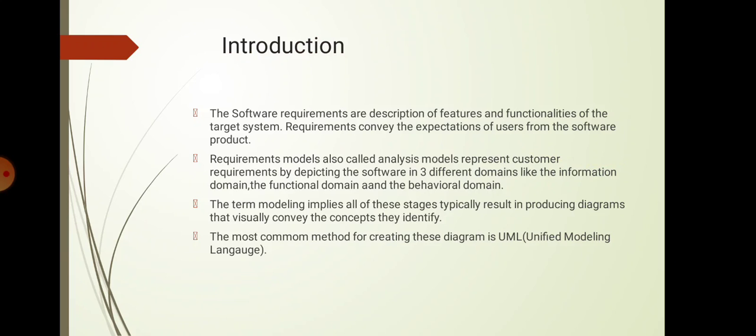First is the information domain, then the functional domain, and last is the behavioral domain. The term modeling implies that all these stages typically result in producing diagrams that visually convey the concepts, and the most common method for creating these diagrams is UML, the Unified Modeling Language.